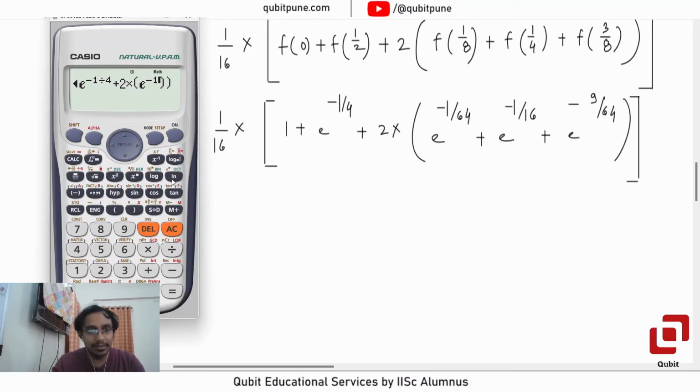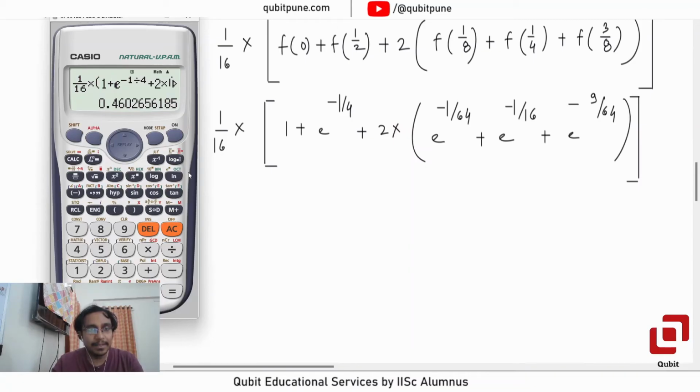First we have got e raised to negative 1 by 64 plus e raised to negative 1 by 16 plus e raised to negative 9 by 64.